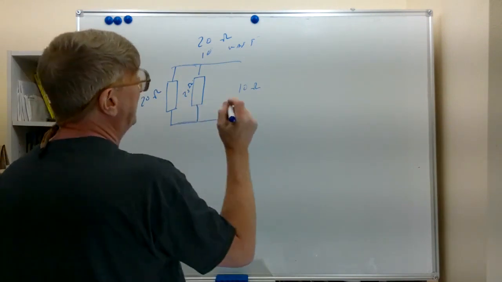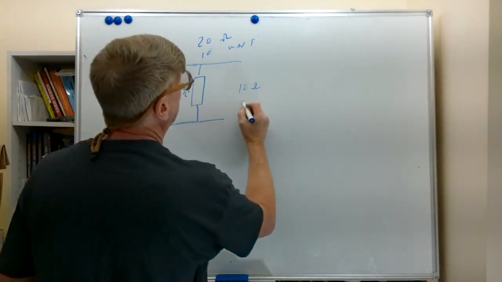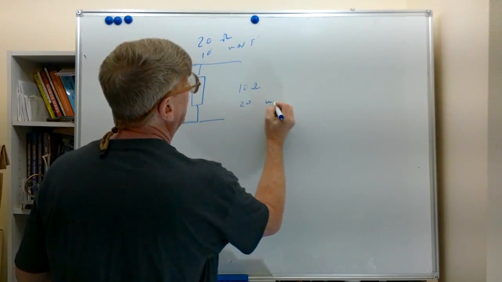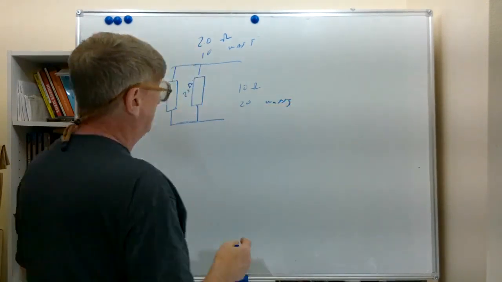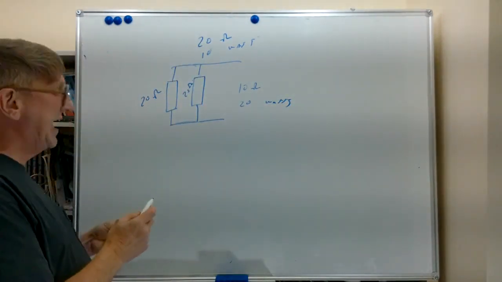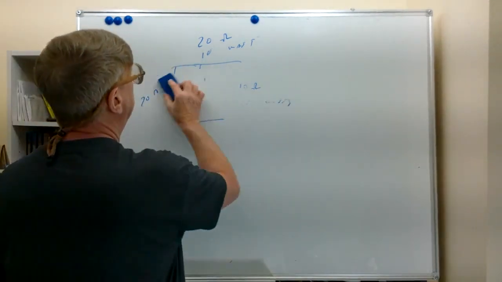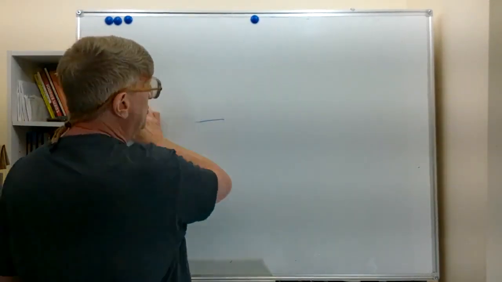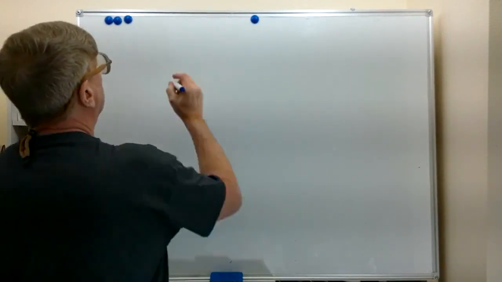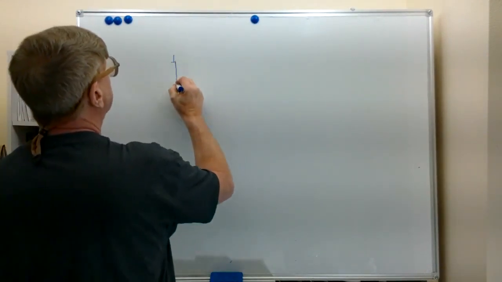So the wattage rating still adds up to 10 plus 10, for 20 watts for this little network. Because we split the power equally, we can add the wattage ratings directly. Now we're going to go back to that original circuit that we had.